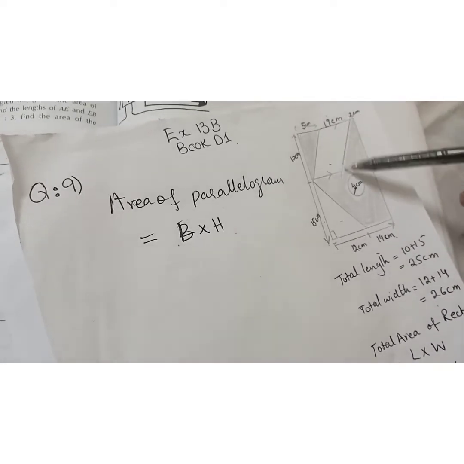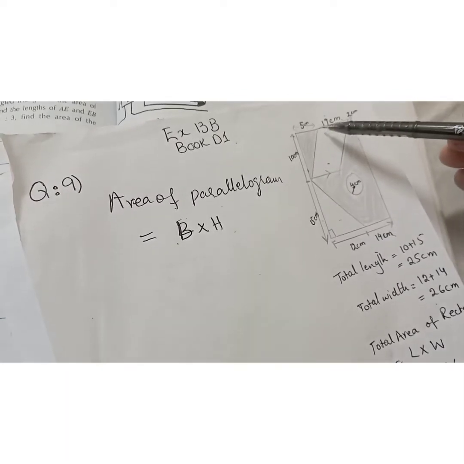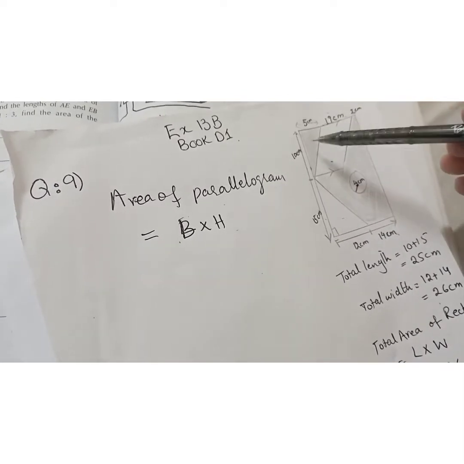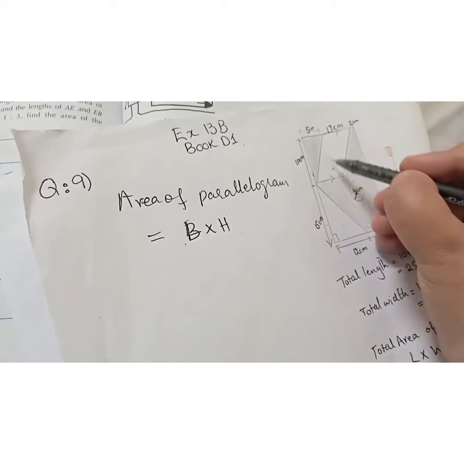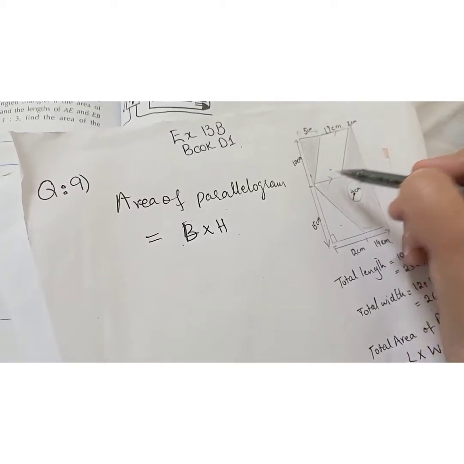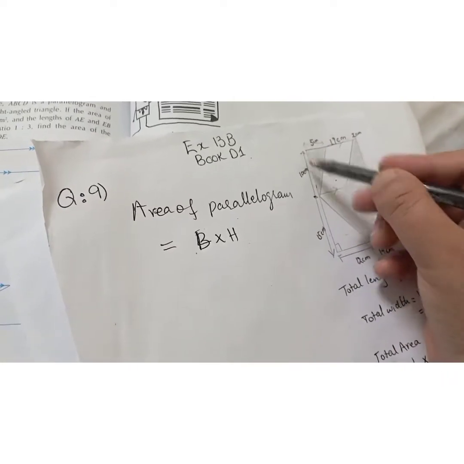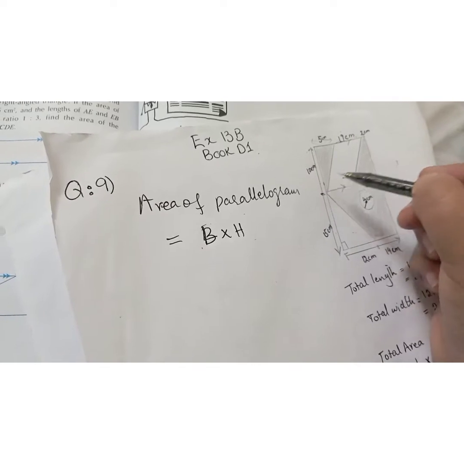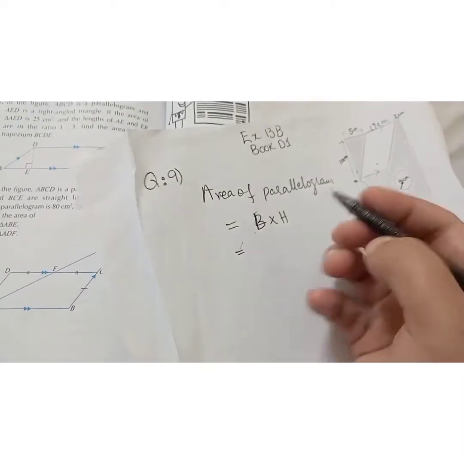The height is always at 90 degrees, and here the height of this parallelogram is this 10 centimeter, because it is the 90 degree side, so we will be using this height as 10 centimeter.